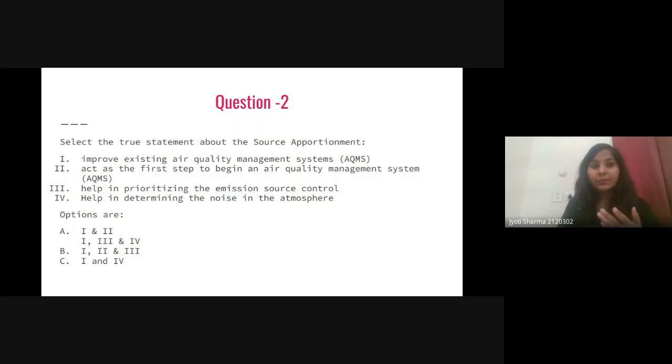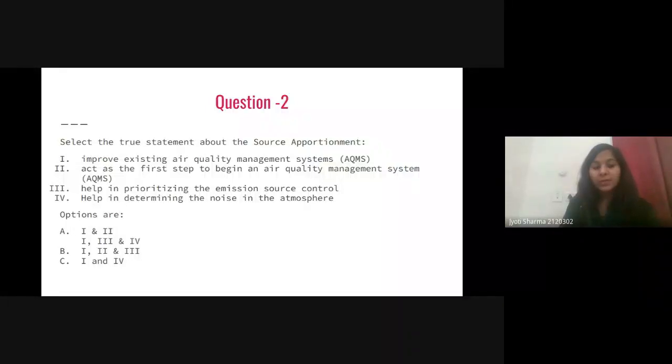For example, if it is a company related to mining, first you will get to know that this is the chemical most related to that company. So you can impose directions that you must install this type of instrument, the instrument that can control, let's say, sulfur dioxide, if sulfur dioxide is being emitted by that particular company or industries.